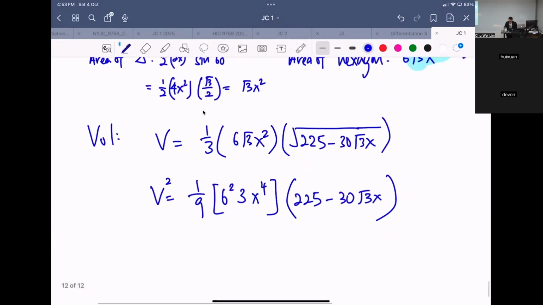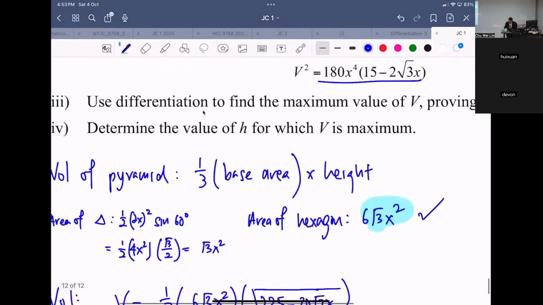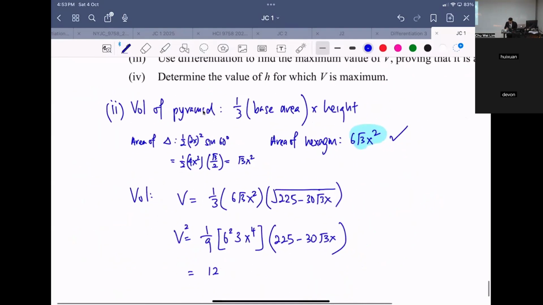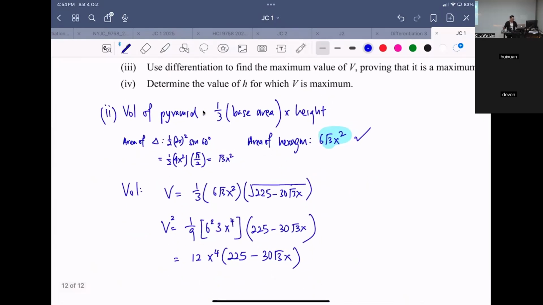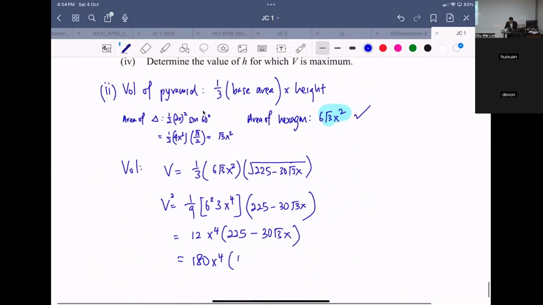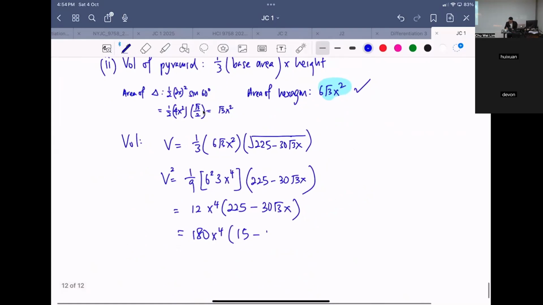When you square this, you should have 36 divided by 9 is 4, 4 times 3 is 12, so 12 x to the power 4 times 15 minus 2 root 3 x. 15 times 12 is 180, so 180 x to the power 4 minus 24 root 3 x to the power 5.